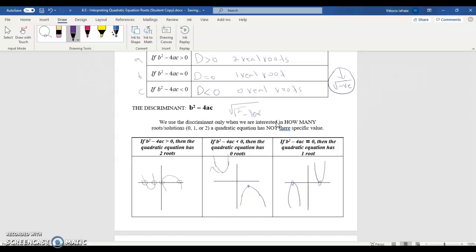This part here, b squared minus 4ac, that is the discriminant. Again, if it's negative, well, you can't take the square root of a negative number, so that's why you will have no real roots. If it's equal to 0, well, we'll take a look at why that means only 1 root. And if it's larger than 0, we'll take a look at why it means 2 roots. So let's go do some examples together.